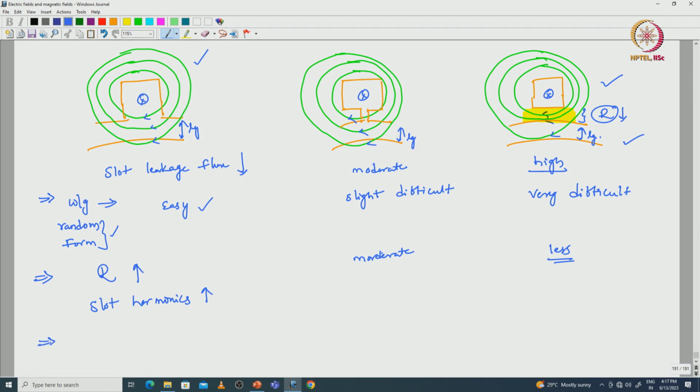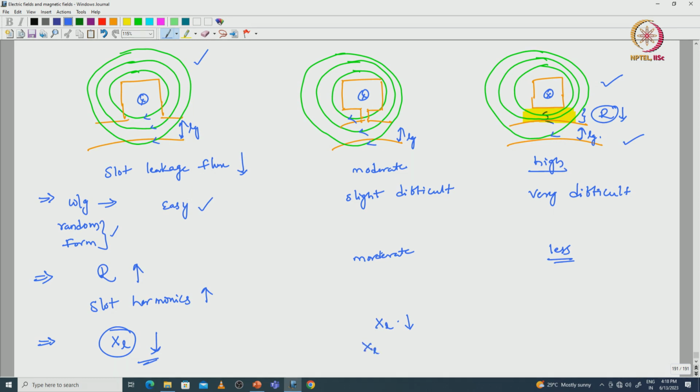And the next point with respect to the leakage flux and leakage reactance. Since the leakage flux is less, the leakage reactance also will be less. Here leakage flux will be less but slightly more than the open type of slot.